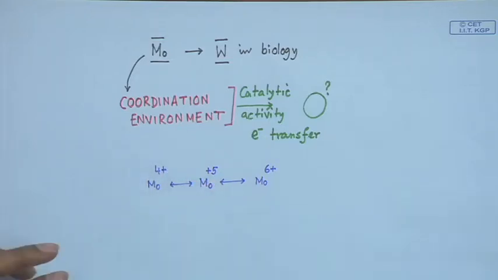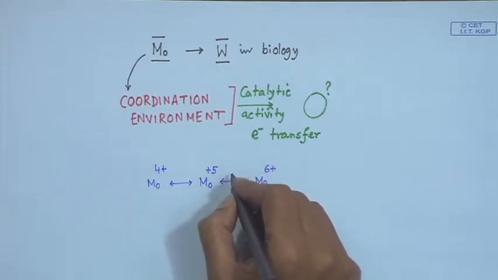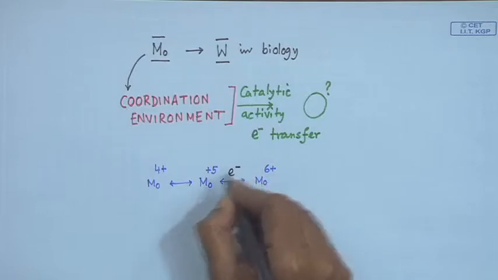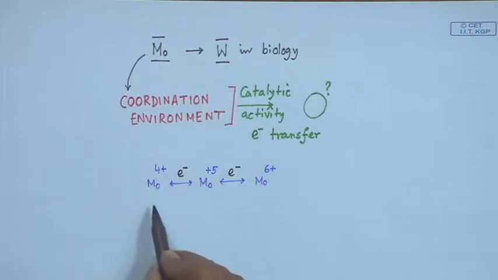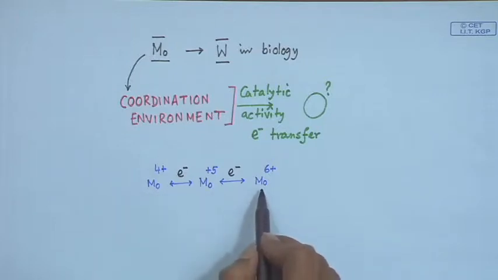What we find is that during this transformation, it is a 2 electron transfer process when you go from the molybdenum tetravalent state to the molybdenum hexavalent state.